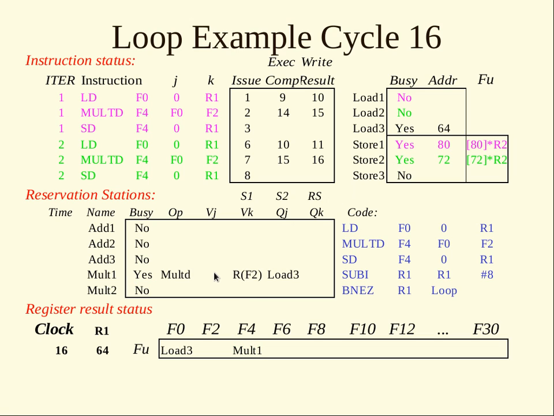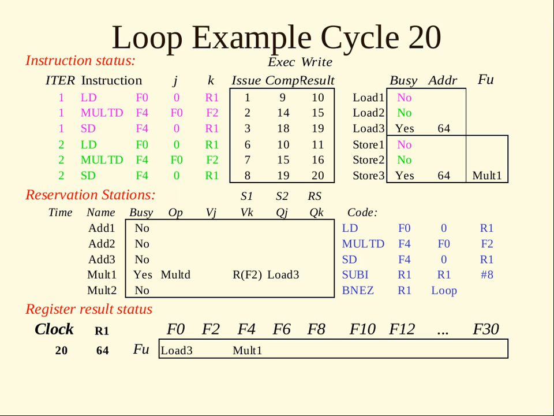This is the mult from the third iteration of the loop. And now we can also put in the store, because after mult has been issued, we can also issue the third store because we have a third reservation station here. Those are going to complete, and then we're done. You see how these loops are starting to overlap as the machine is executing?